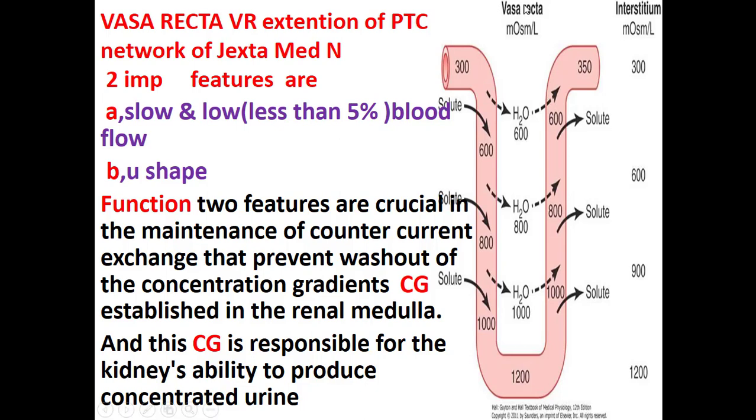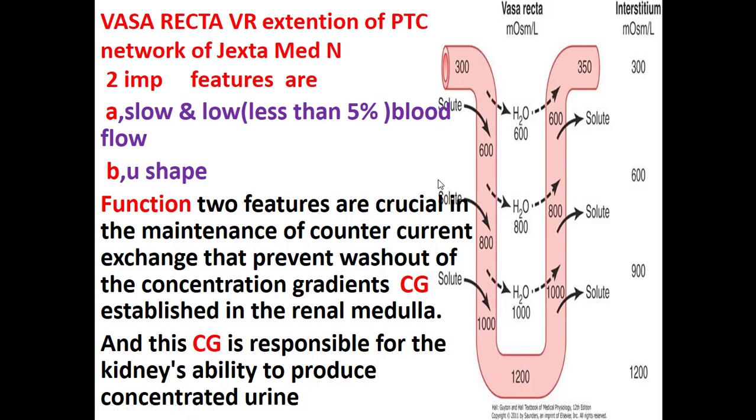Now you can look at the diagram. This diagram shows the vasa recta has the same shape as your loop of Henle, and this U-shaped tube is very important for the maintenance of the hyperosmolarity of the medulla. As I told you in the previous lecture, hyperosmolarity of the medulla is studied in steps.